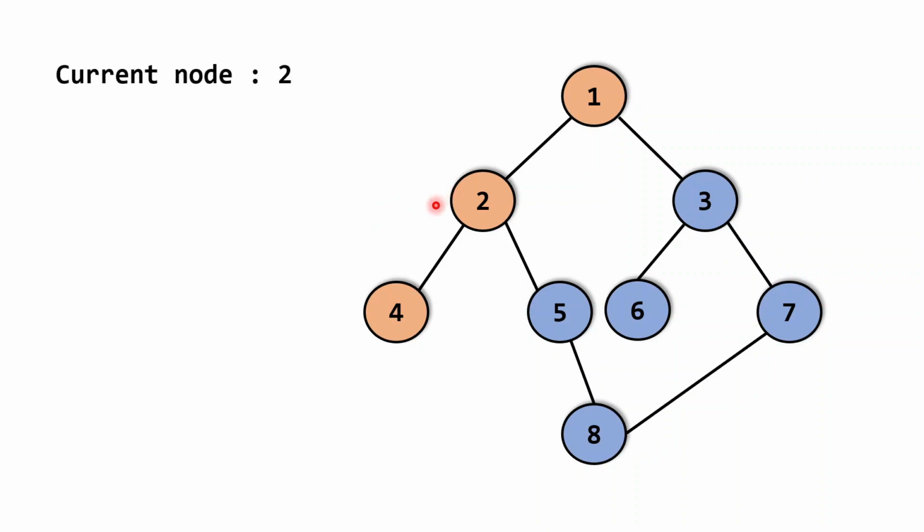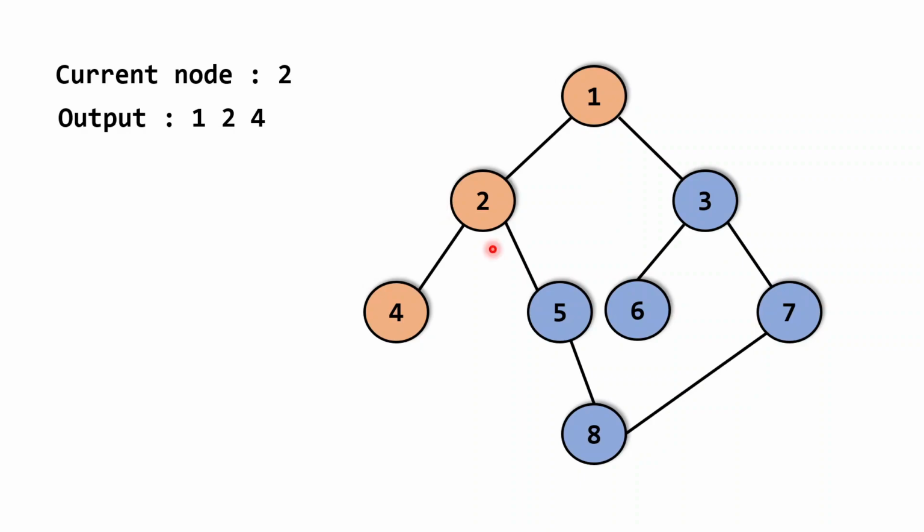So our current node becomes 2, but our output is 1, 2 and 4. We will not print 2 again as the output, because otherwise it will print again and again.